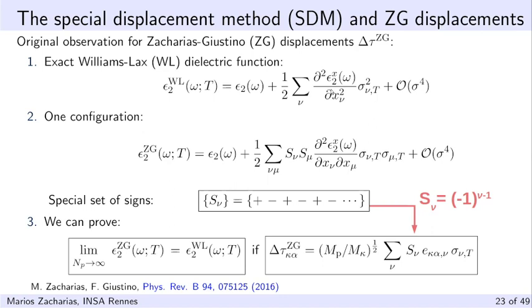The trivial choice is to put all the phonon modes energetically ordered and alternate the signs between the energetically ordered phonon modes between plus and minus. So these cross-coupling terms, they kill each other.